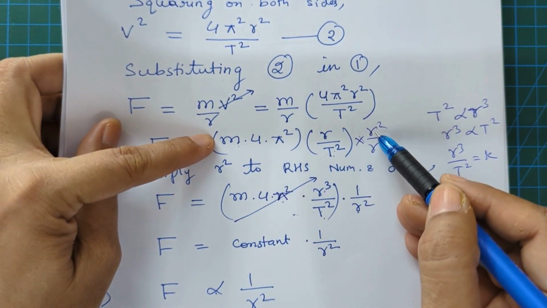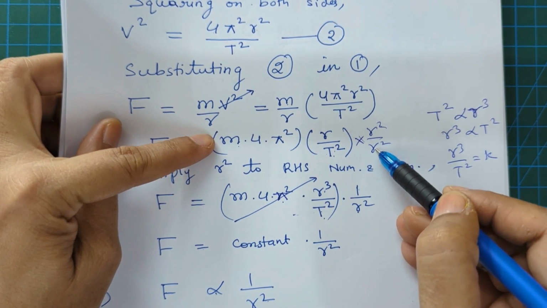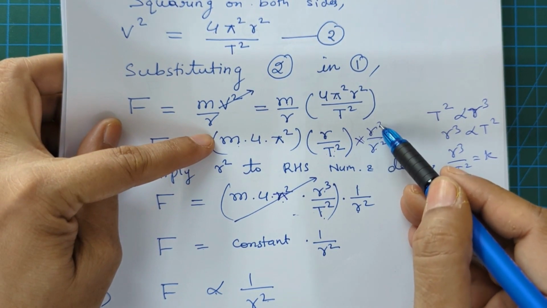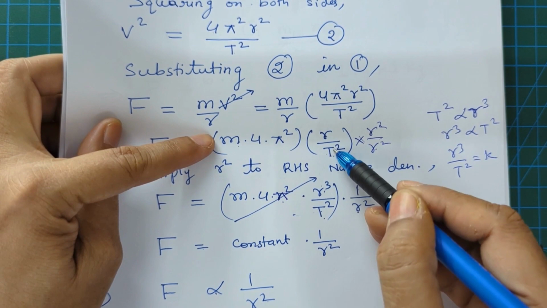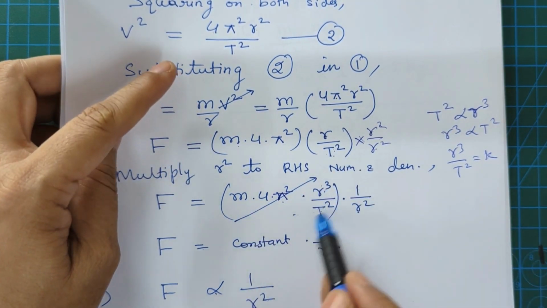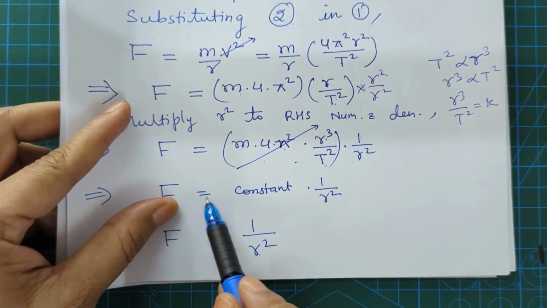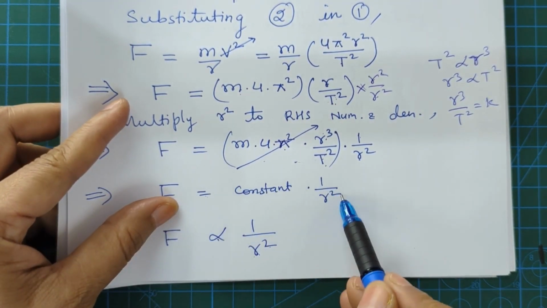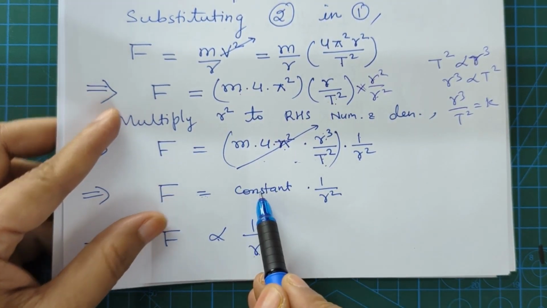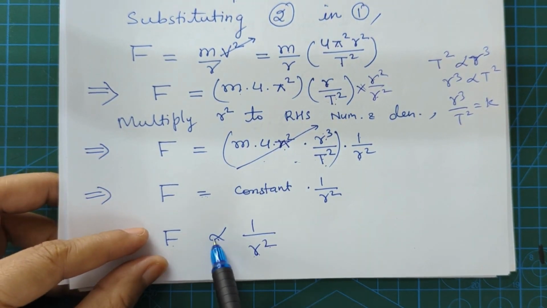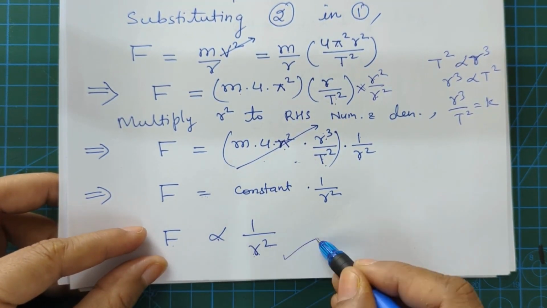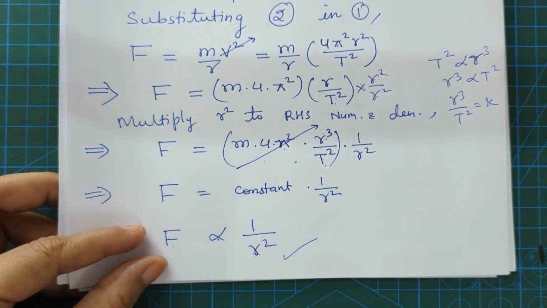At one stage, multiply r square to the numerator and denominator, and then you get r square into r, which is r cube by t square. So these all are constant. Only 1 by r square stays outside. So F is equal to constant times 1 by r square. Is equal to constant is actually proportionality. So F proportional to 1 by r square. And this is the inverse square law.